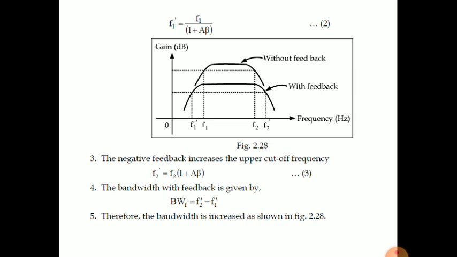From the figure also we can see, the top curve is without feedback, and the lower curve is with feedback. You can see the change in the upper and lower cutoff frequencies, and you can see the increase in the bandwidth from the diagram. So when we apply negative feedback to an amplifier, the overall bandwidth will increase.